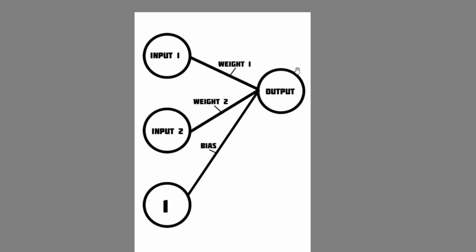It's a little hard to explain with words, but when we get that sum value, that's not what we're going to output. We also want to squish the value into the range of 0 to 1. And it's just kind of mimicking how a neuron either fires or it doesn't, or it fires a little bit.